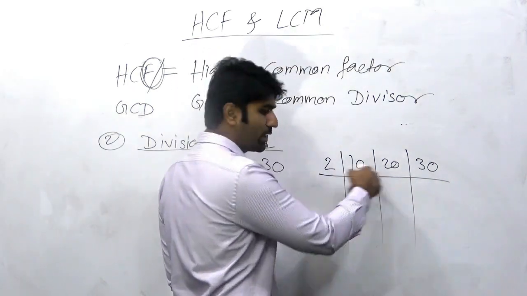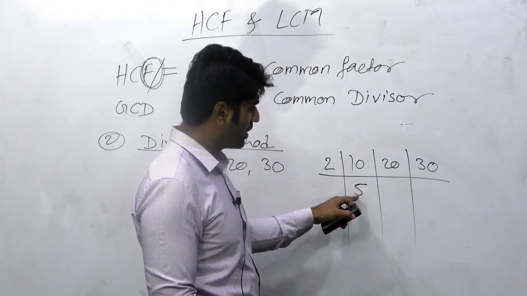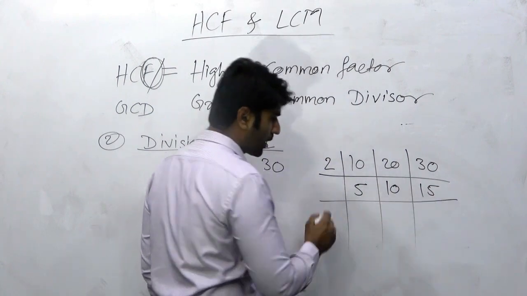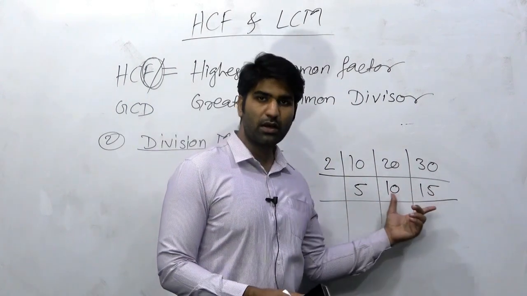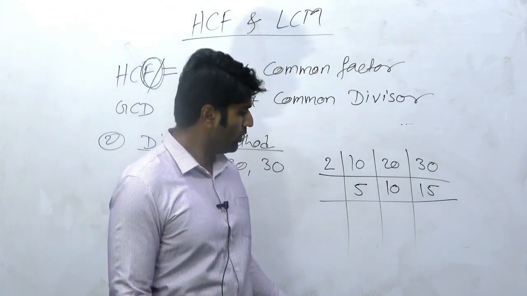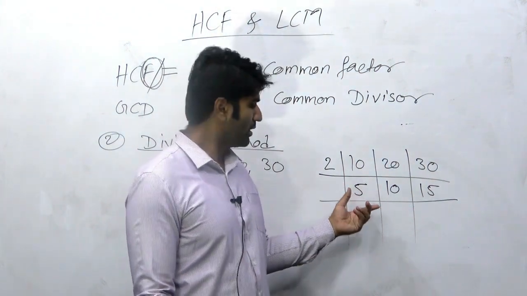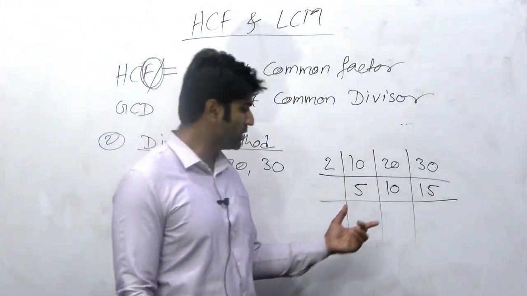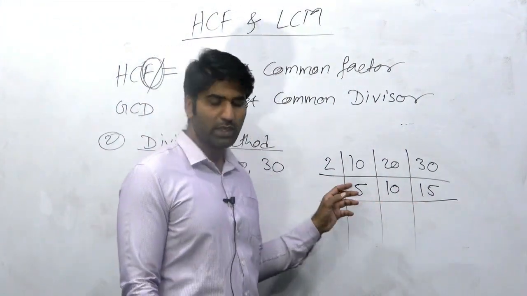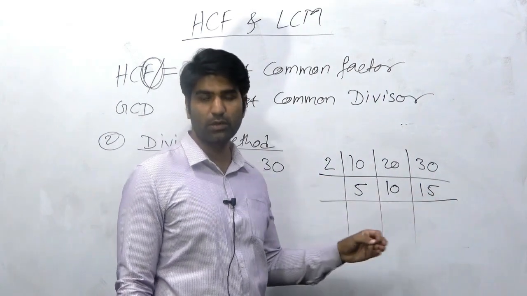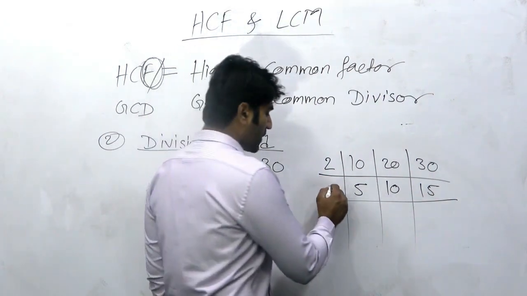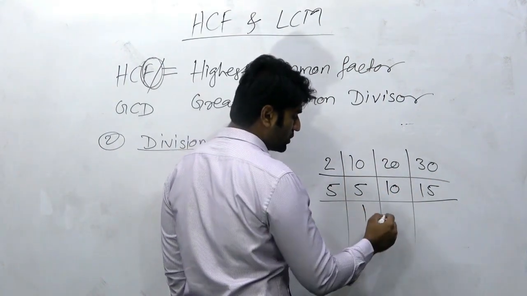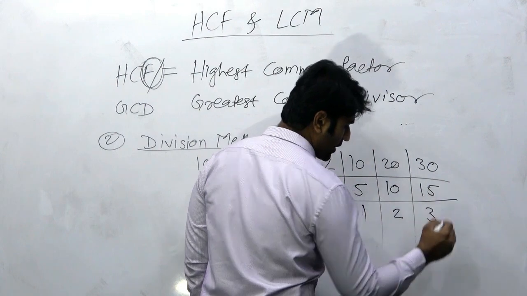Dividing all the numbers by 2, the answers are 5, 10 and 15. Now we check again whether any number can divide all three numbers. Yes, that number is 5. We divide all the numbers by 5 and the answers are 1, 2 and 3.